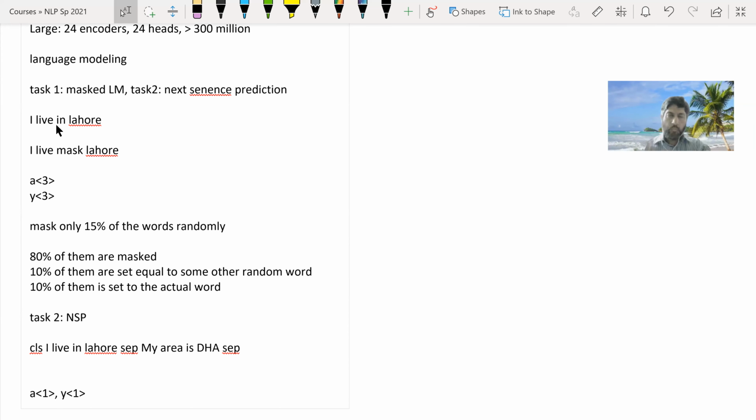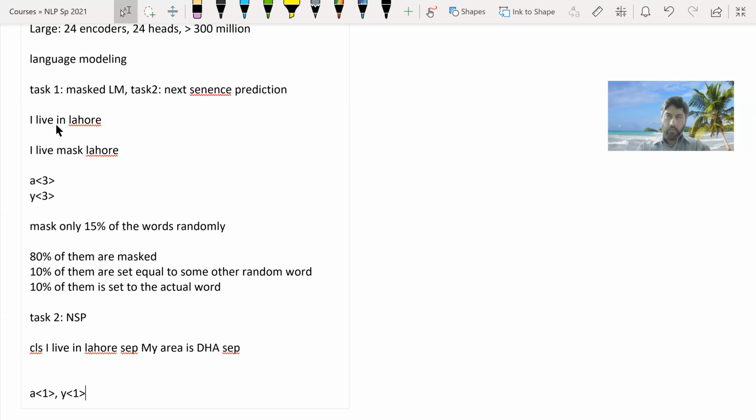And then the output of this token is considered to be the output of the decision whether the next sentence is the correct sentence after this sentence. So there are two sentences. What we are trying to predict is whether my area is DHA is the next sentence after I live in Lahore.